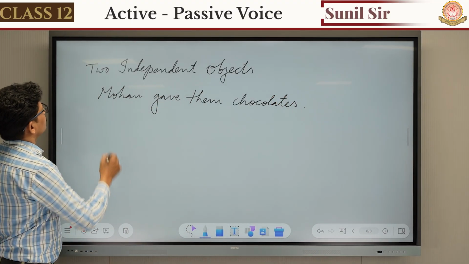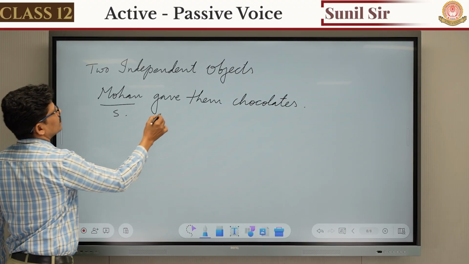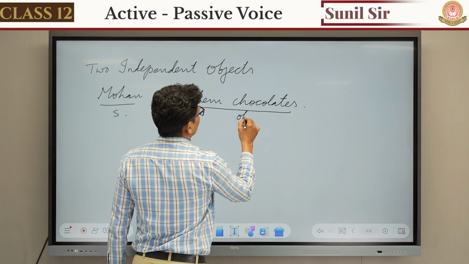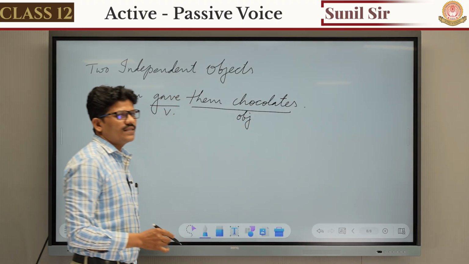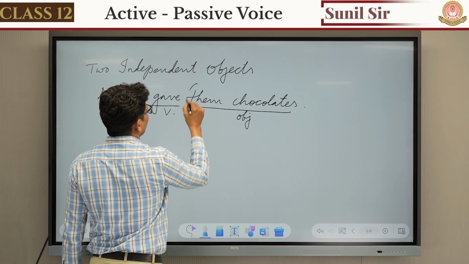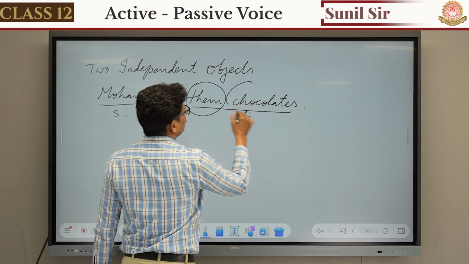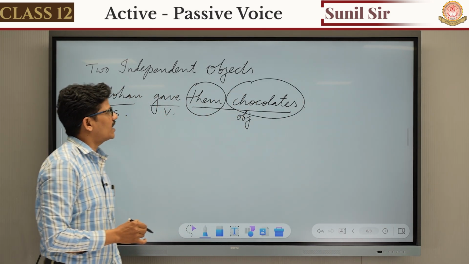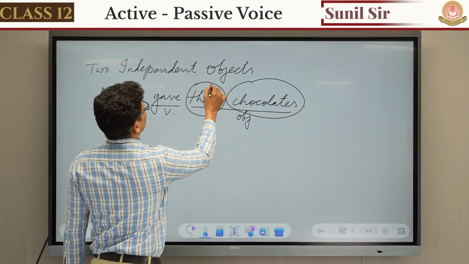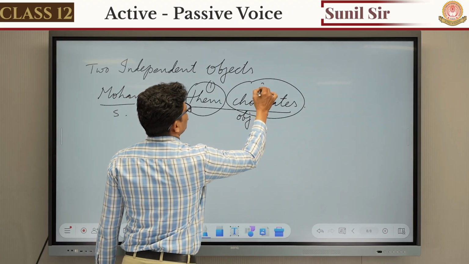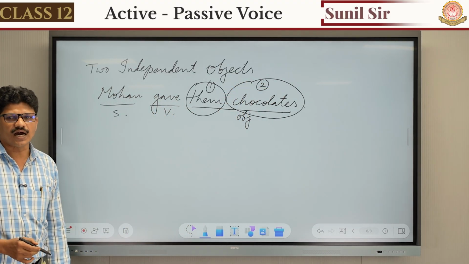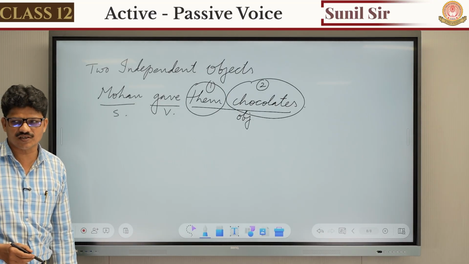In this sentence, this is subject, verb, and this is an object. But there are two nouns, so "them" and "chocolates". If there is this type of sentence, there are two independent objects. This is the first object, independent, and this is the second. So in this case, how do we change the sentence into passive voice?